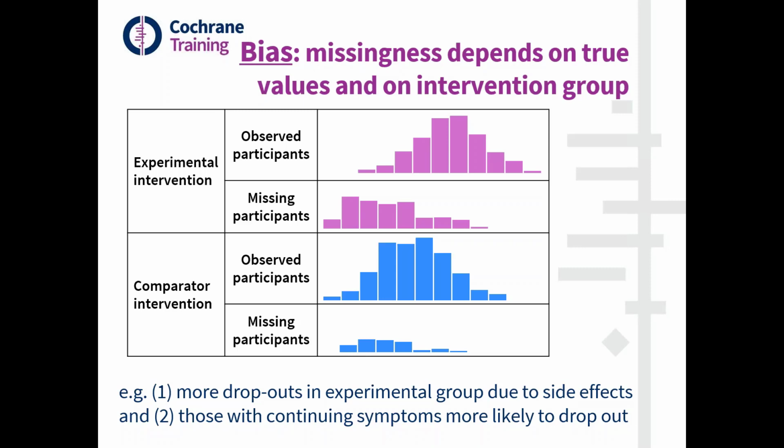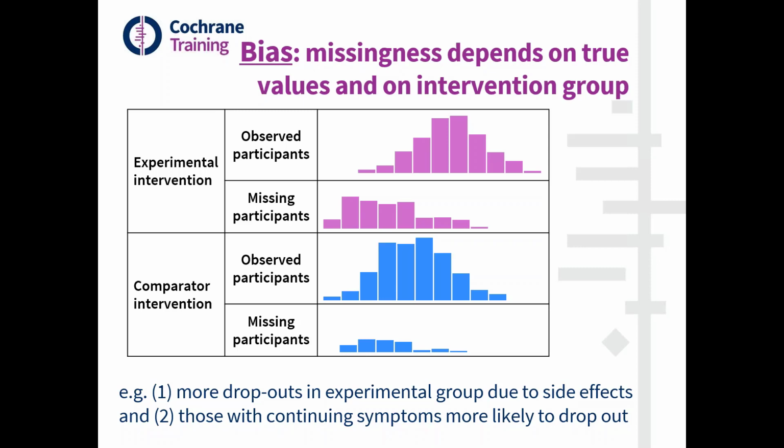But there's a second important difference here, in that the number of people missing from the experimental intervention is rather larger than the number missing from the comparator intervention. And what we can say quite confidently is, if these two things hold, i.e. missingness depends on the true values and missingness depends on the intervention group, then our result will be biased.